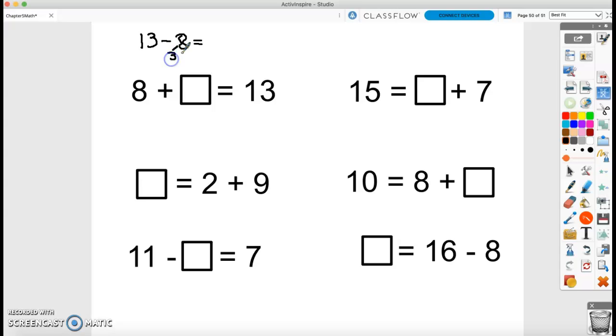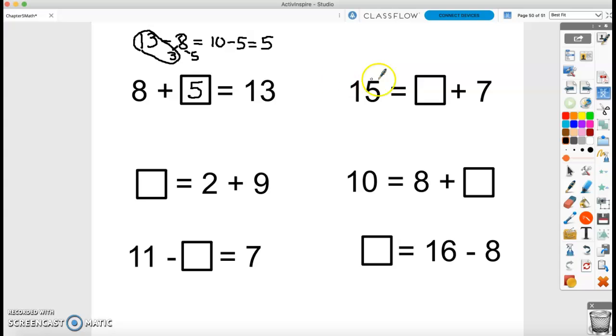So I need 3, and I know 5 will be my other answer. So 13 minus 3 is 10, minus another 5 equals 5. So our answer is 5. Okay?